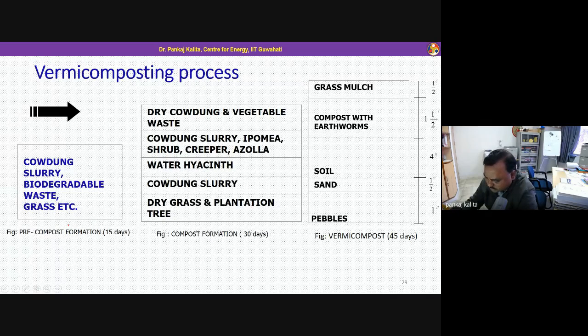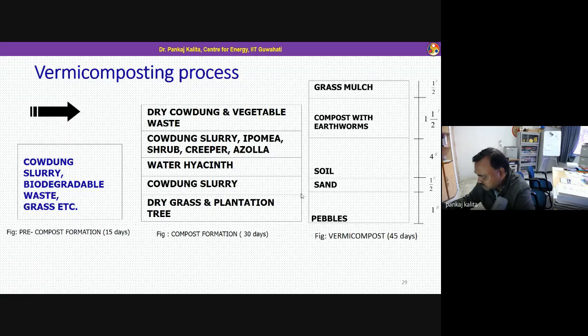In the compost pit, we'll have this kind of segregation: first dry grass and plantation trees, then cow dung slurry, then water hyacinth, then cow dung slurry, then dry cow dung and vegetable waste. We have a defined height to be maintained for doing so.